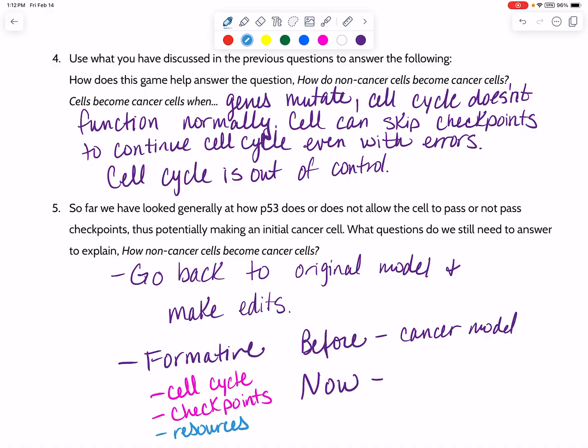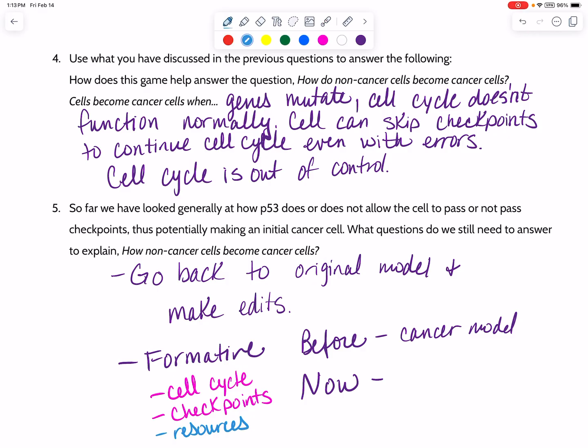And one of the things I saw before was sometimes we just put random words on the page and we didn't show how things were related. So if you just have an arrow with some DNA pointing at something, that doesn't help us figure out how the cell cycle is related to that DNA, or how the checkpoints are related to that DNA. So somehow I want to see those edits made.